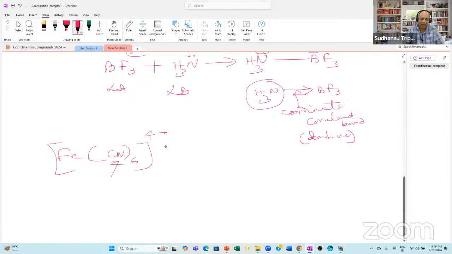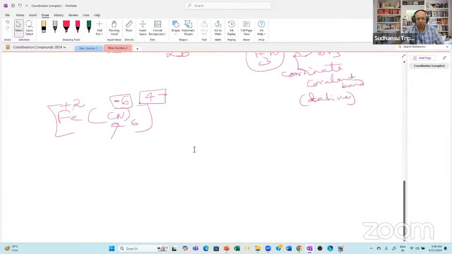Since the cyanide ion has a charge of -1, and there are 6 cyanide ions, the total negative charge is -6. And the net charge of the complex ion is -4. So iron is in the +2 oxidation state at the center.